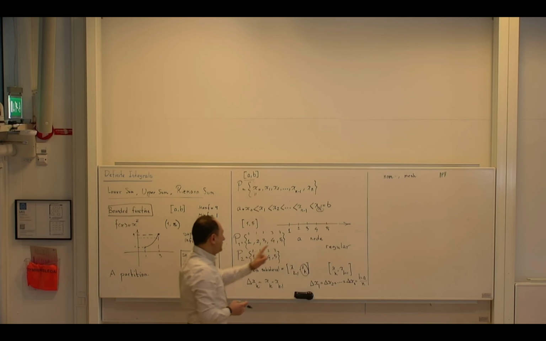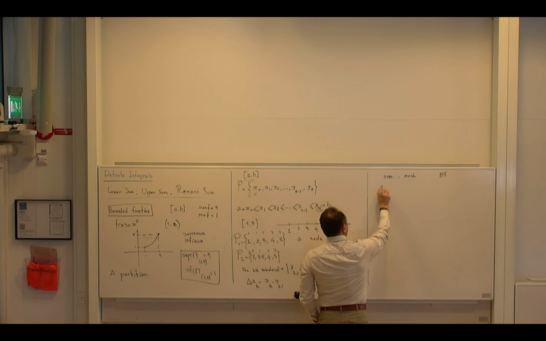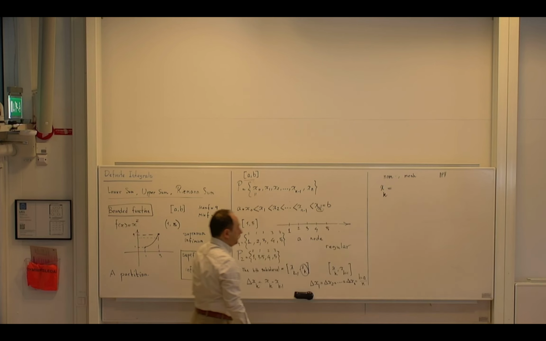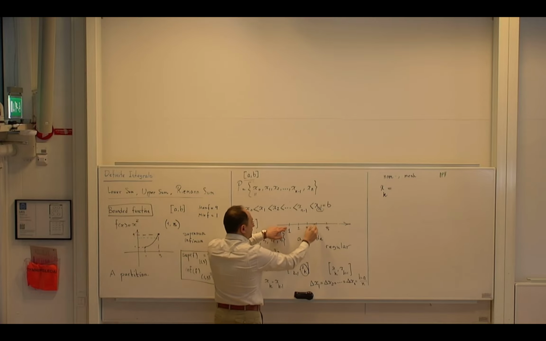One more thing about regular intervals. Can you tell me, is there any way that I can write a formula for node number k? For example here, this is the first node, second node, third node. If I want to reach 4, I start from 1 and I add 3 lengths of subintervals. If I want to reach 5, I have to add 4 lengths of subintervals to 1.